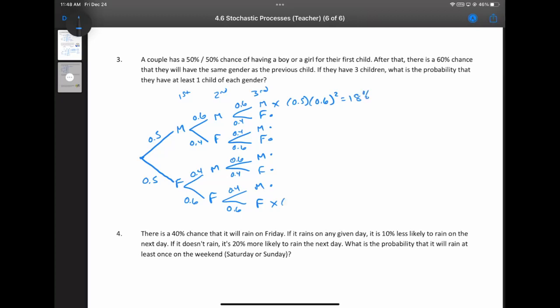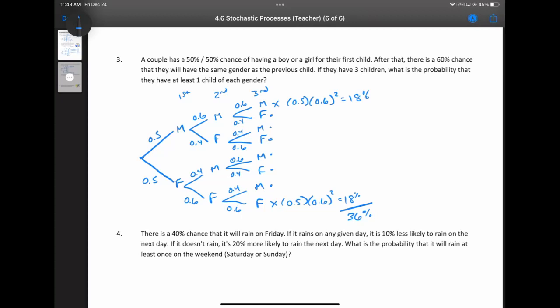And the last one actually is the exact same. Okay, and if I add those together, I get 36%, which is basically saying there's a 36% chance I will not get the outcome that's desired, which is at least one of each gender.